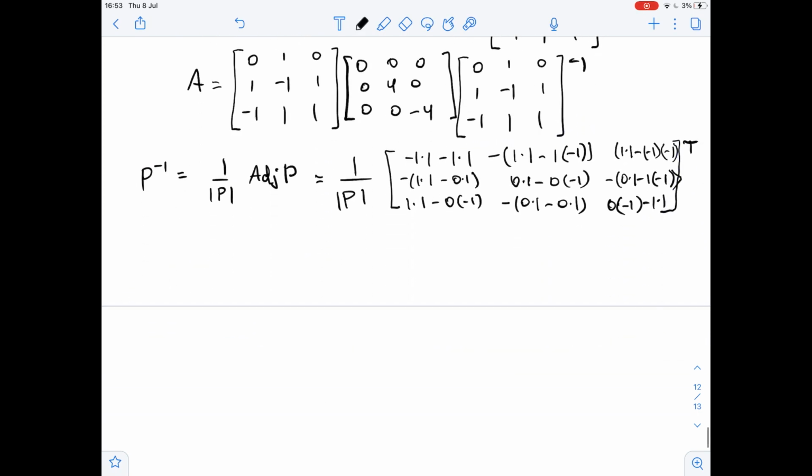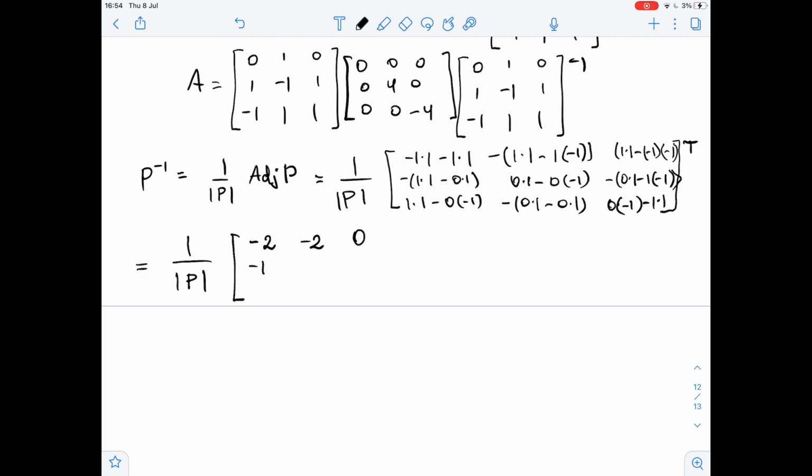So let's do the calculations. We get that P inversed equals 1 over determinant of P times: -1 minus 1 is -2, then 1 plus 1 is 2, and here we get -2, then 1 minus 1 is 0, then 1 minus 0 is 1, and minus in the front, so -1.